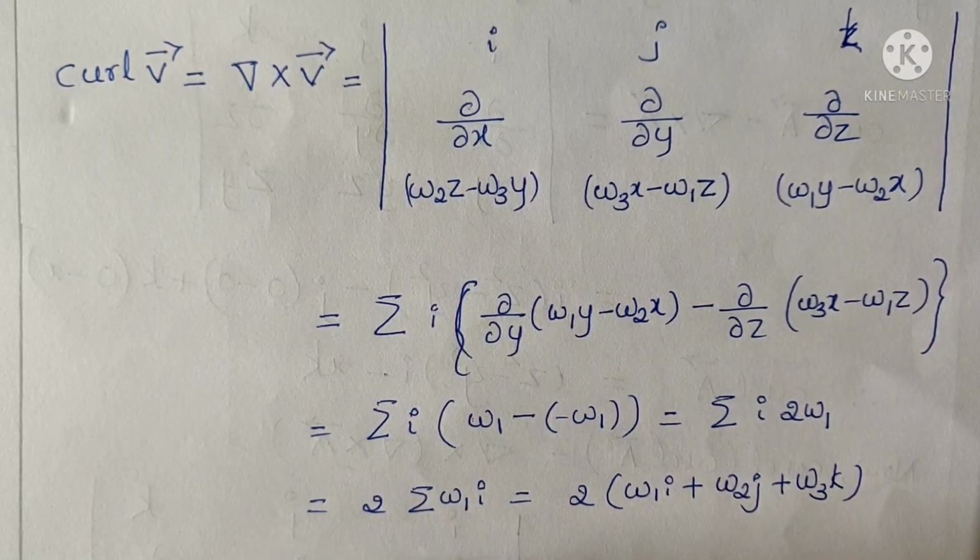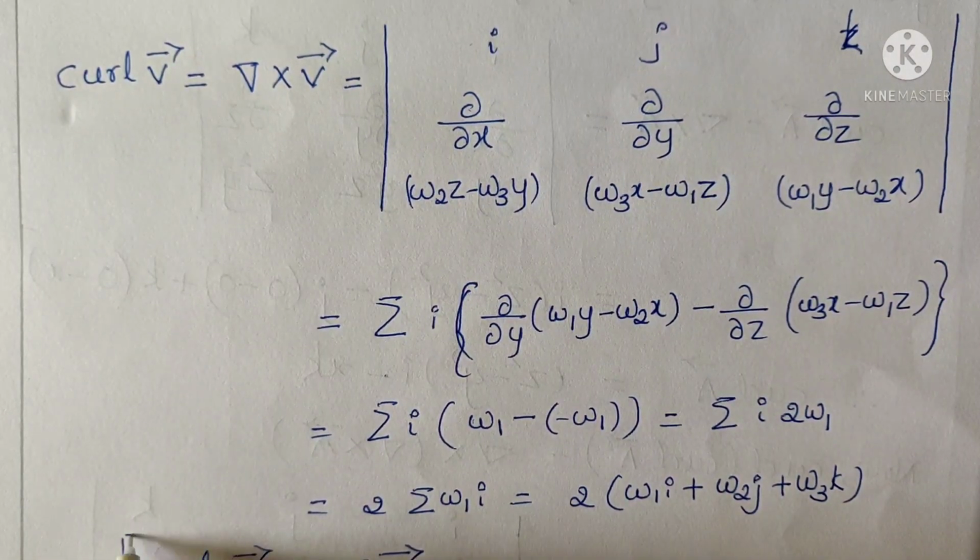But what is that? That is vector w. So it is 2 times vector w. So curl of vector v is 2 times vector w.